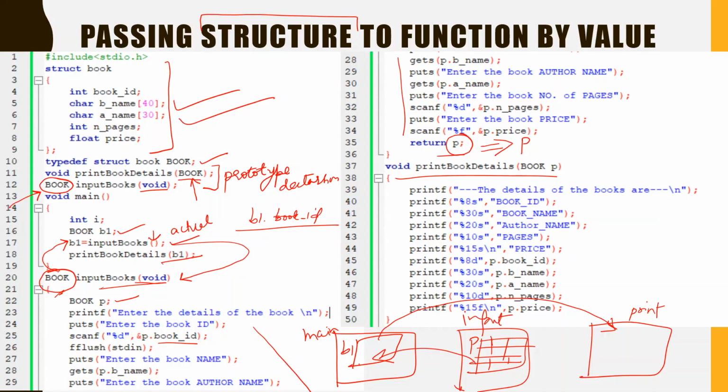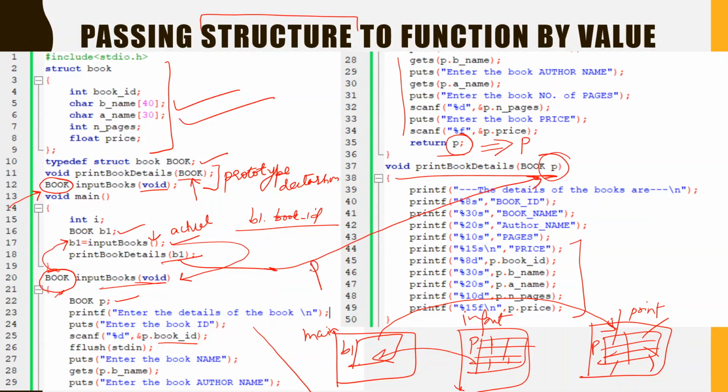In this print detail, p is created, so a copy of b1 is created in p, and the individual elements of p get printed with the help of these statements. You can see here we have used the dot operator because this is a normal variable which has been passed. So what happens? The value of b1 gets copied to this particular variable p.